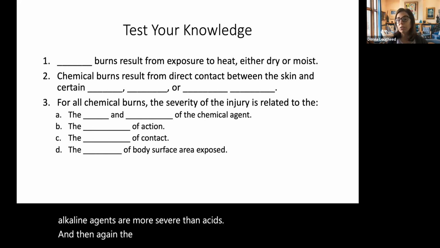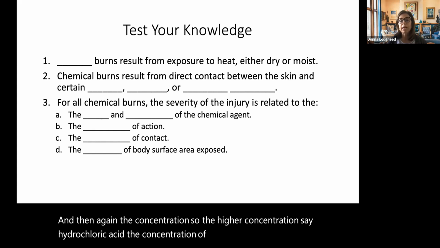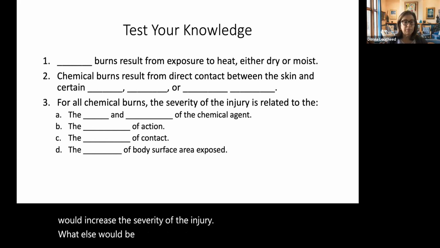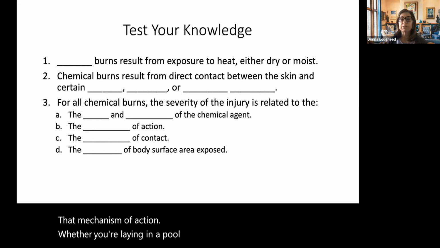So the higher the concentration, say of hydrochloric acid, the more the severity of the injury increases. What else would be directly related? The mechanism of action, whether you're lying in a pool of an acid or someone throws it in your eyes, the duration of contact, and then the amount of body surface exposed.